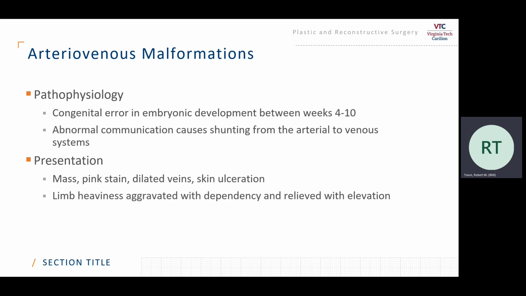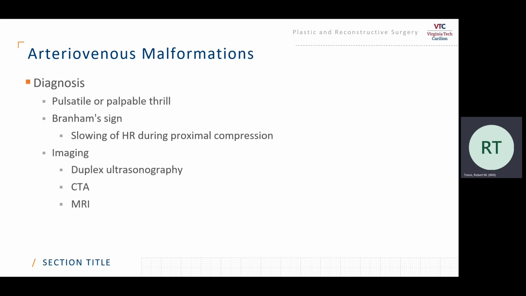The shunting causes a steal phenomenon in which the blood flow is diverted from the high resistance capillary beds and can lead to ischemia in the hand. These patients will also have limb heaviness aggravated with dependency and relieved with elevation.